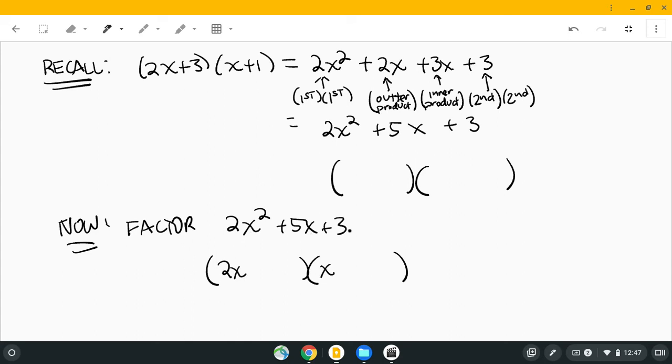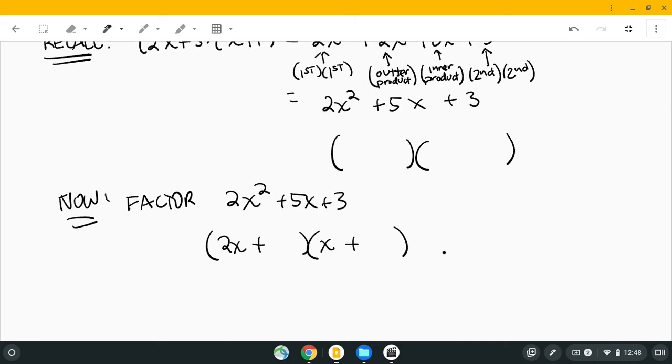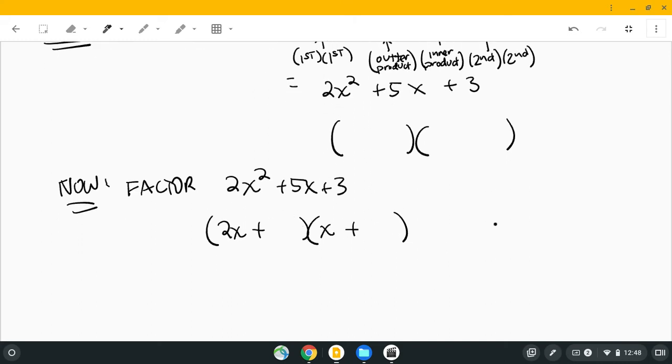And then here you try to figure out what will give you positive 3. So that's going to be positive times positive or negative times negative, right? If you have those two choices, you can look over here and it'll tell you which one to choose. So here, I know it'll be positive times positive. And then there's only one way to make 3, 3 times 1. But you have to make sure that you have it in the right place.